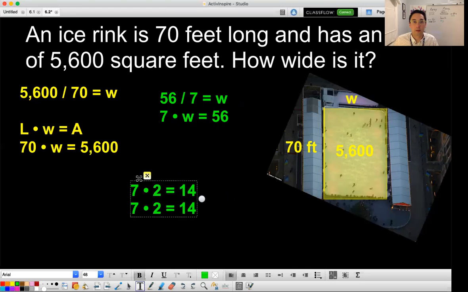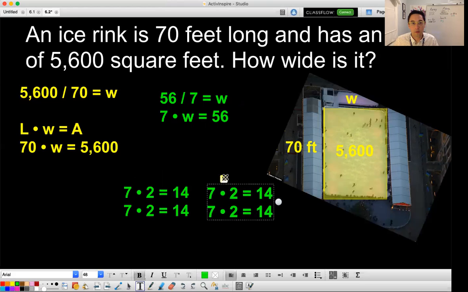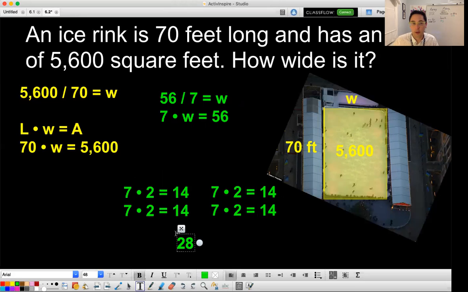Okay, so let me think. This here is going to be 28. So if I add 14 and 14, that will give us 28. If I add this 14 and 14, that gives us another 28.